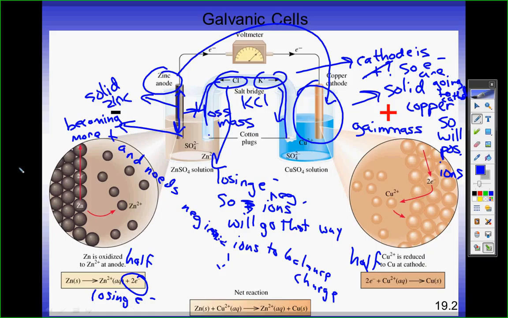And who's gaining electrons? The copper in the solution is gaining the electrons, and then it turns into solid copper. Just a little clarification there if you missed that earlier. Well, I didn't go over it earlier, but now you know.